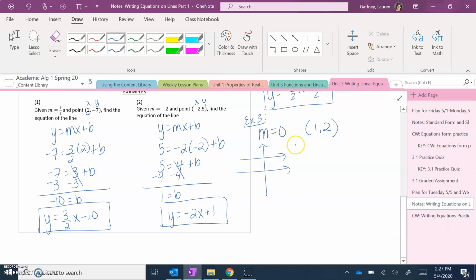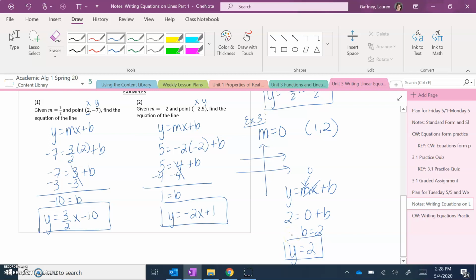And a horizontal line means that we only have a y equals equation. And think about it. If you were to fill in m is 0, that would knock this whole piece out, because anything times 0 is 0. So if you would fill in, okay, so y is 2, m is 0, so it doesn't even matter what x is, because anything times 0 is 0, plus b, so your b is just 2. So when you fill in your equation, it's just going to be y equals 2, because the m part is gone.